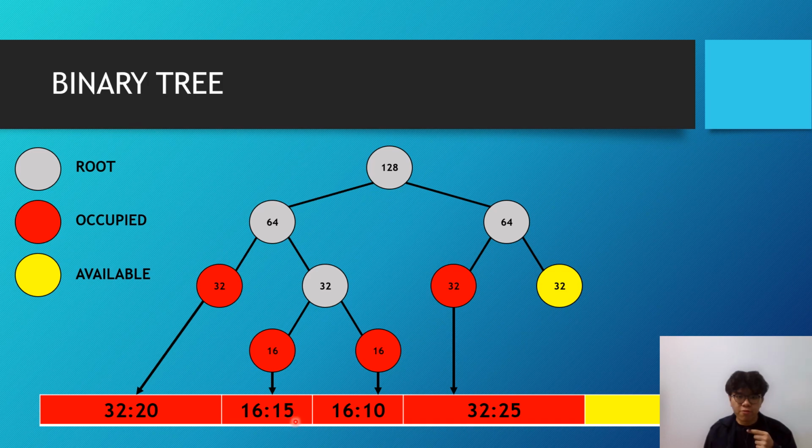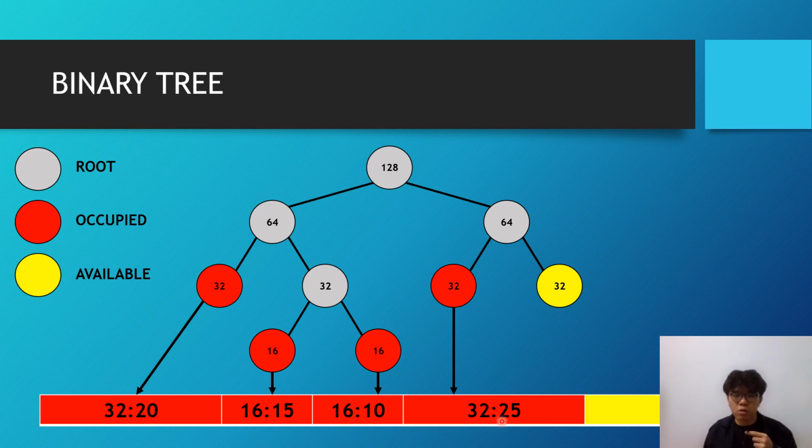While for the 15 and 10, the nearest power of 2 for them is 16. There is no free block for 16, so the system will split the 32 into 2 blocks of 16, and this request will be allocated into the block of 16.